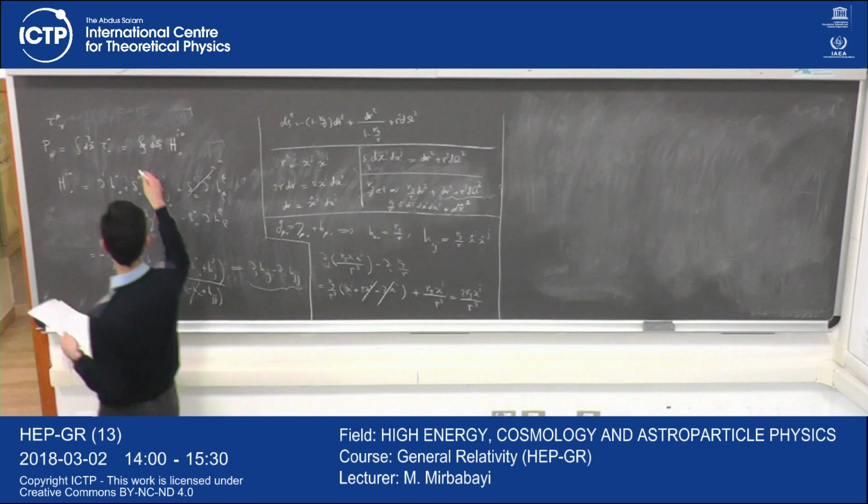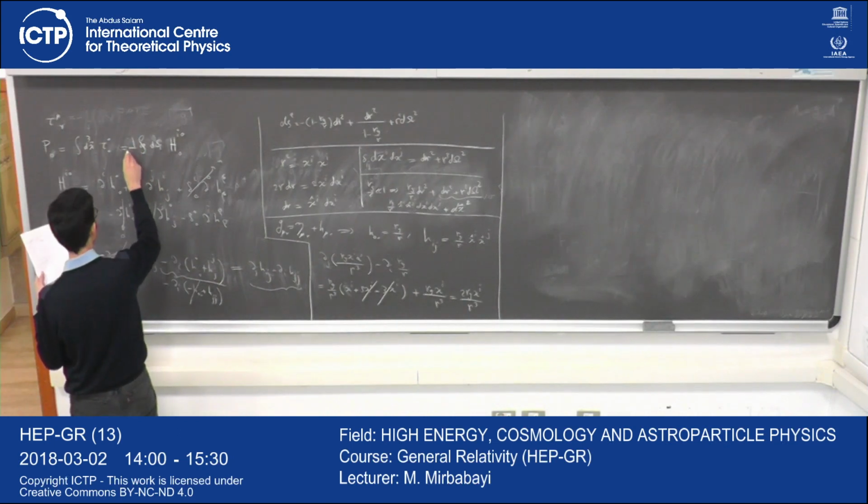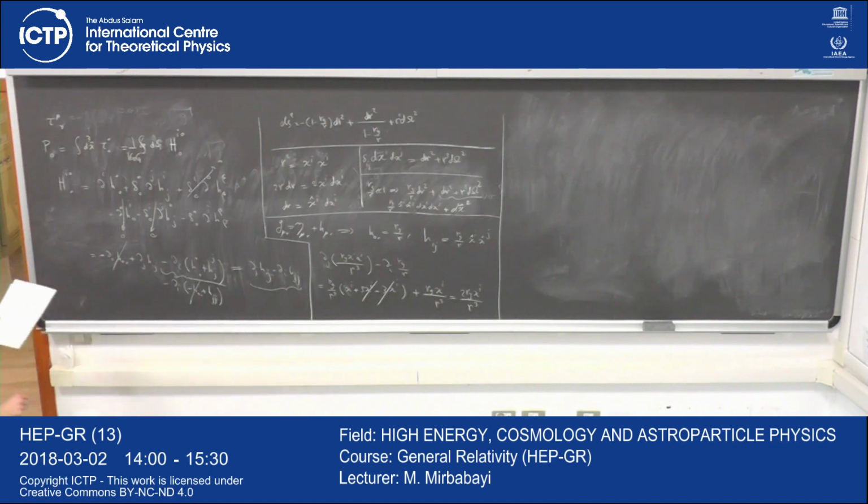I mean, I think there is a 1 over 16 pi G here. But it's true that, yeah, this was what we call P0 with lower index in there.